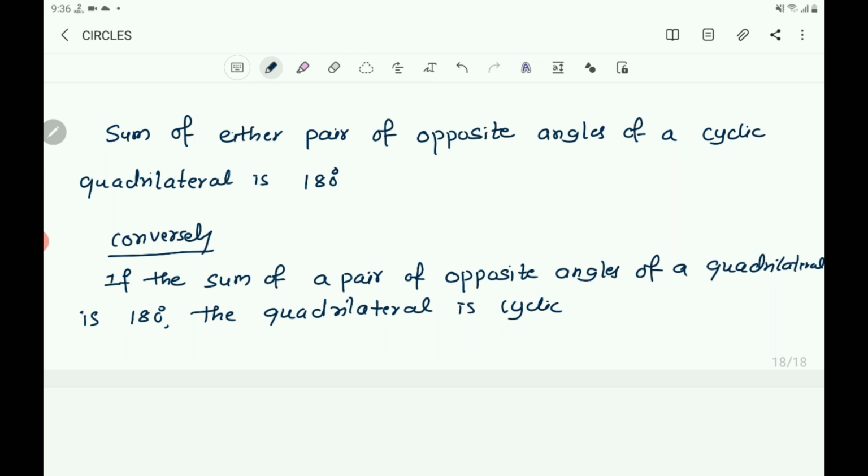So what you can say: the sum of either pair of opposite angles of a cyclic quadrilateral is 180 degrees. If the sum of a pair of opposite angles of a quadrilateral is 180 degrees, the quadrilateral is cyclic.